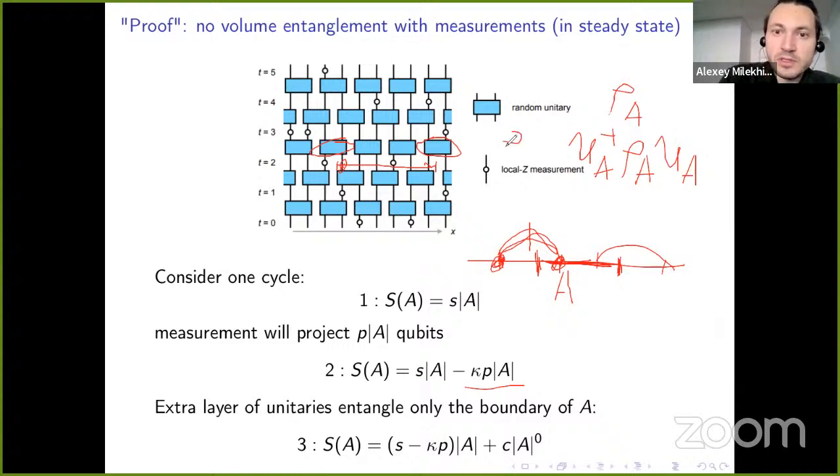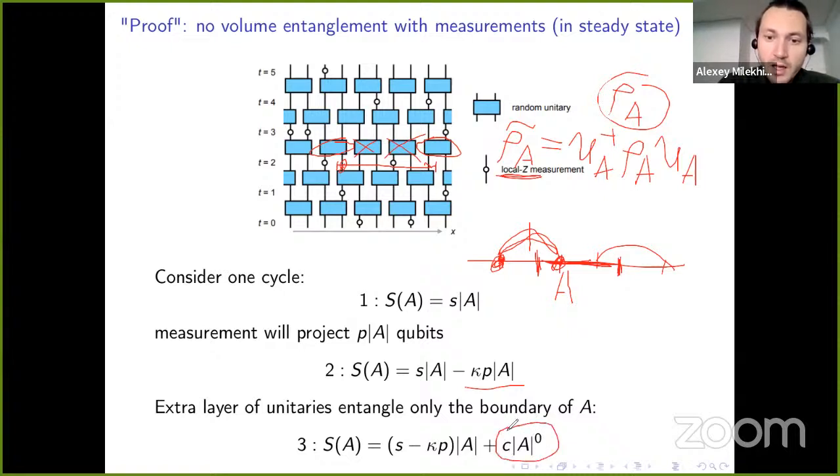So this is rho A tilde, and this one and this one have the same entanglement. So all unitaries inside A don't matter for entanglement. It means that the entanglement can only increase by a constant amount, independent of the size of A.